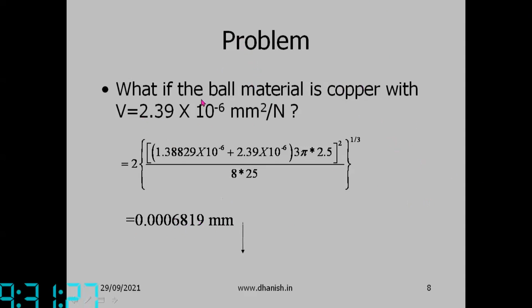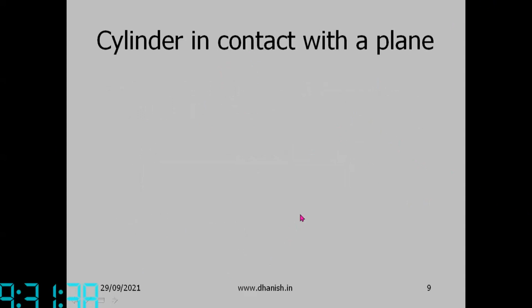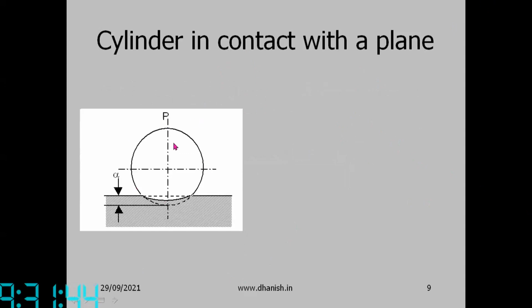Okay, any doubt on this? So that is how to calculate elastic deformation. The basic idea is there. We'll illustrate one more case, which is a cylinder in contact with a plane. The figure is the same. The only thing is, earlier it was a sphere, now it is a cylinder.